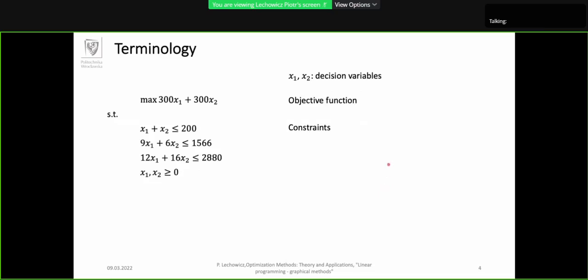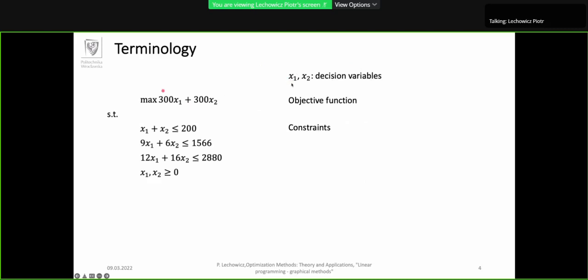And regarding the terminology, here is our optimization problem. We have an objective function, so this is the function which we want to maximize or minimize depending on the sign. And we have decision variables. So these are the variables for which we decide what values they will take.